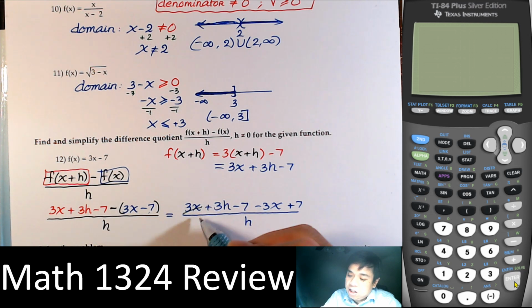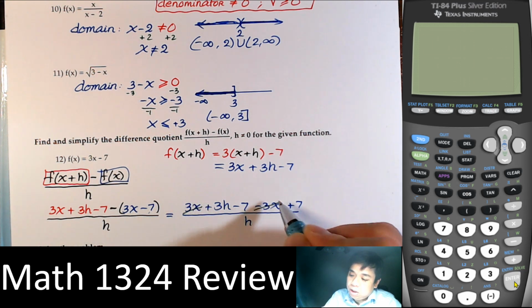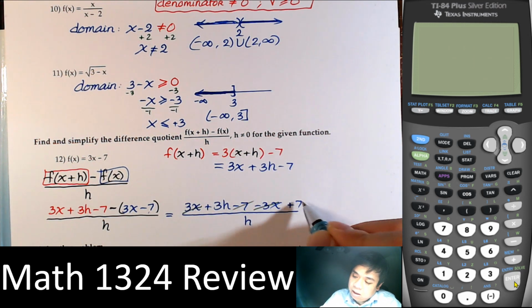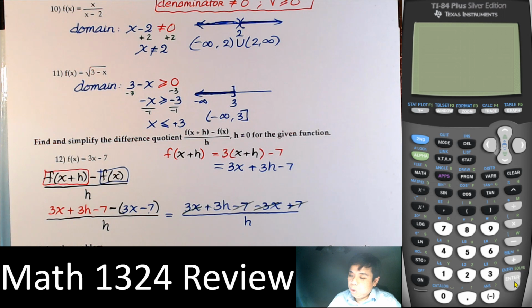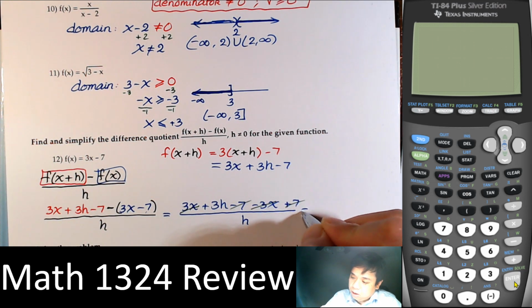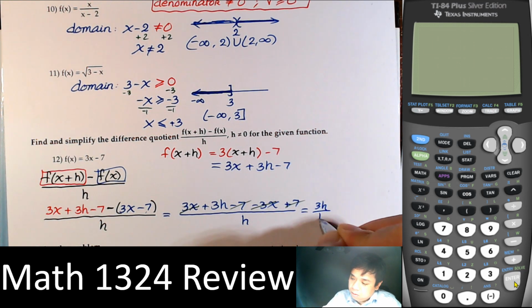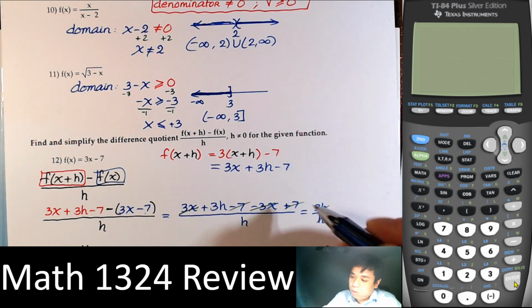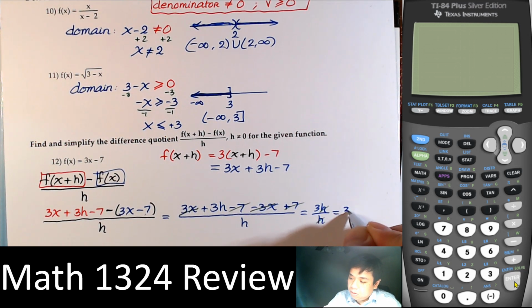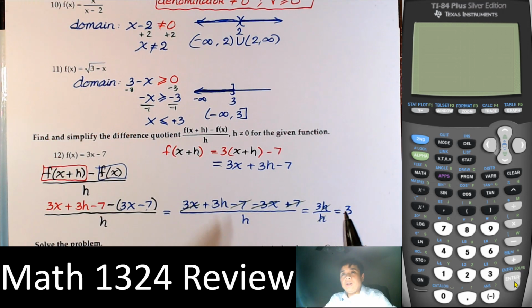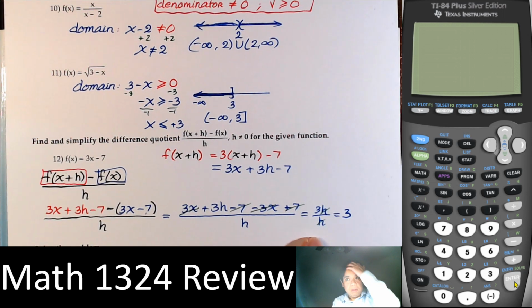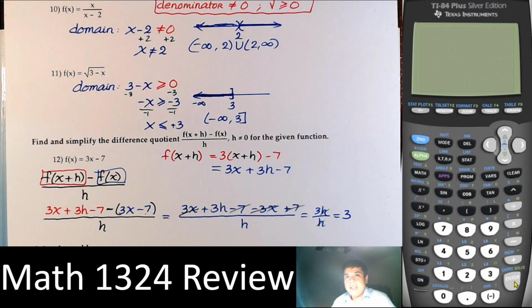This 3x doesn't have an h in it, so that should cancel with something, and then the negative 7 cancels with 7, so we're left with 3h over h, and then we cancel an h, that gives us 3. So there are 2 steps: cancel everything without an h, and then cancel the h at the bottom. So those 2 steps you should see.